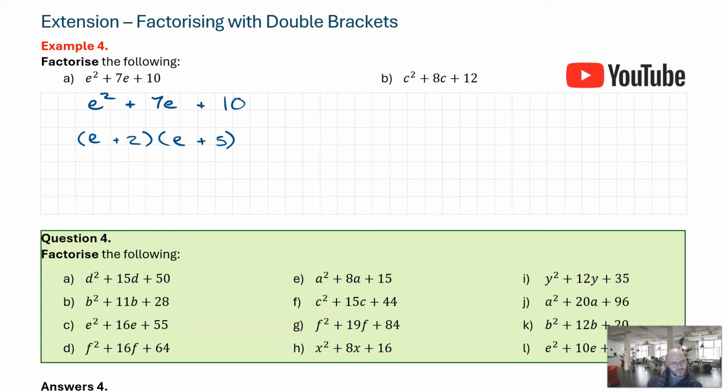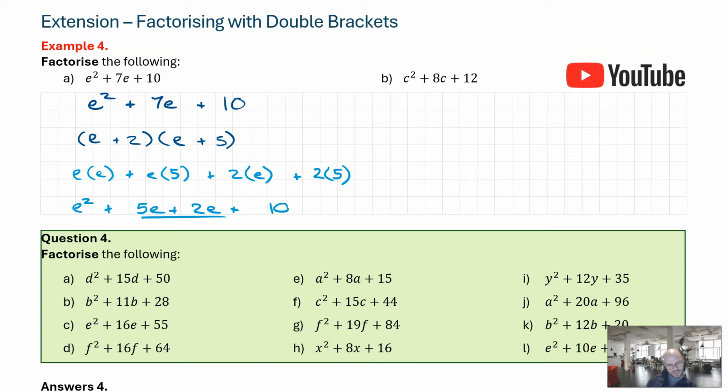So if we have a look at what we've got here, we know that this is going to expand out to E times E, plus E times 5, plus 2E, plus 2 times 5. Expanding this, we get E squared, we get 5E, we get 2E, we get 10, where these guys over here turn into 7E. So we know that this is correct. Hence, we know that our factorization is E plus 2, then in brackets E plus 5.